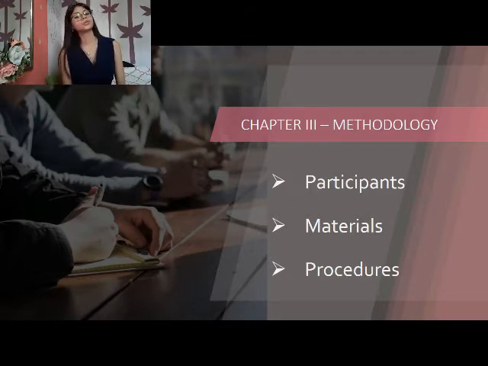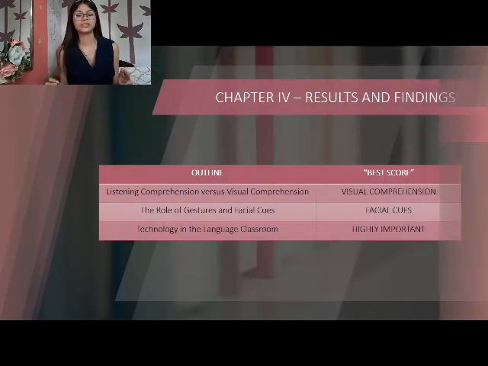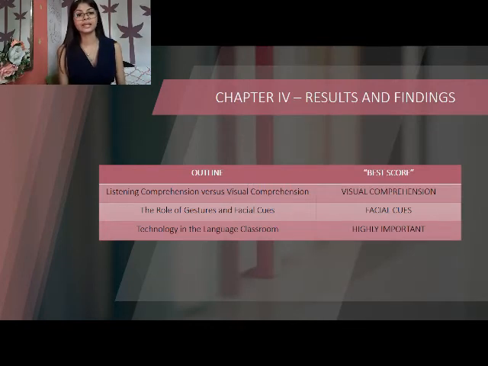For the procedure, we shared the link with the teachers, and the teachers shared it with the students so they could complete the survey, and that's how we have the results.